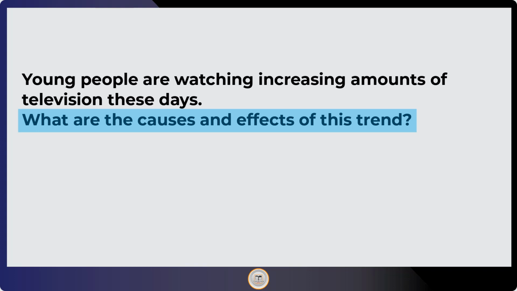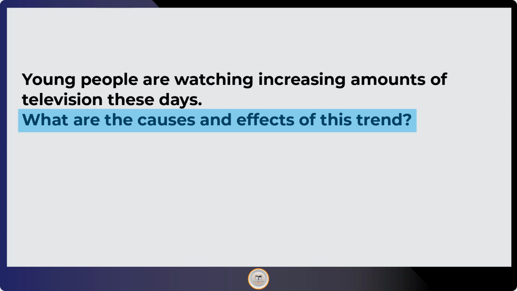Because it's either declare and prove or discuss and conclude, either essay structure could be used. As I explained before, in such an instance, it is 9 times out of 10 best to go with a straightforward argument essay.